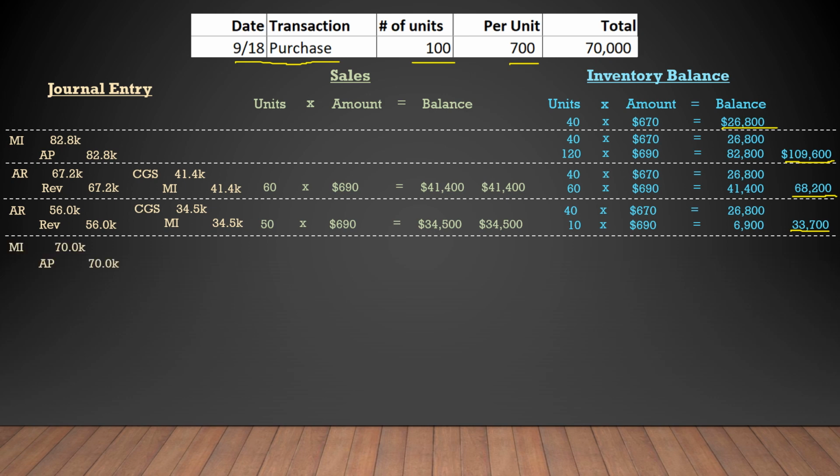So we'll debit merchandise inventory and credit accounts payable for $70,000. Add this purchase as a new layer to our previous ones. We now have 3 layers totaling $103,700.